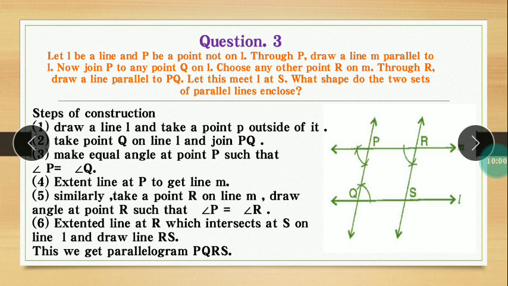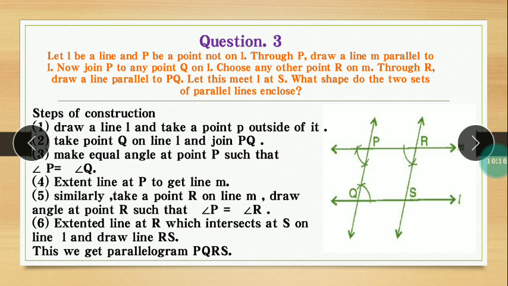First, draw a line L using a ruler. Take a point Q on the line, and take a point P outside this line, and join PQ.